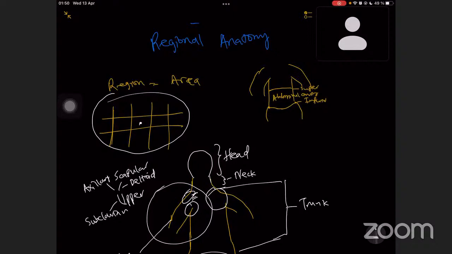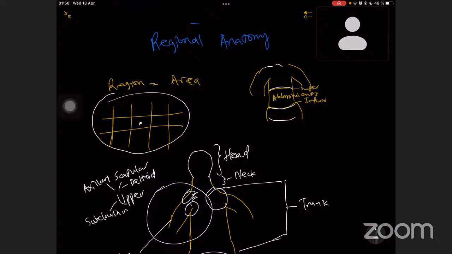Regional anatomy allows us, for example, to identify where the abdominal cavity is, where the pelvic cavity is, and what the borders of the chest cavity, the thoracic cavity, are.